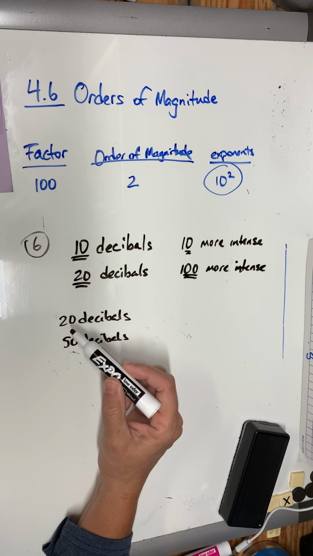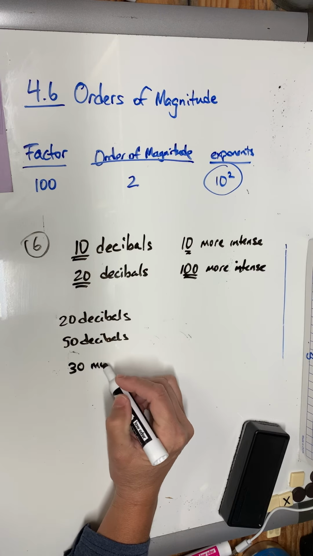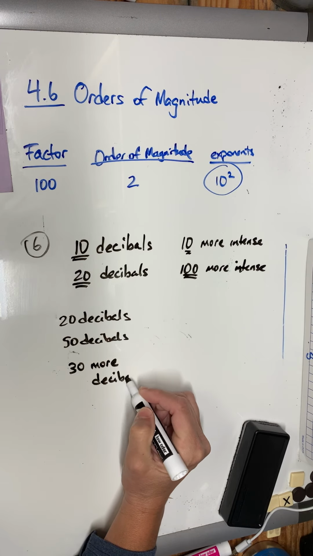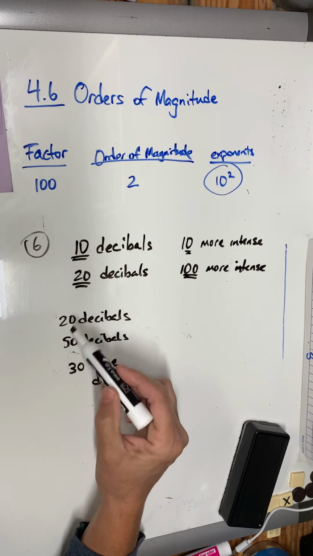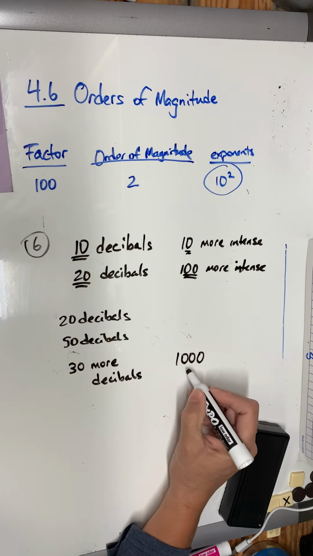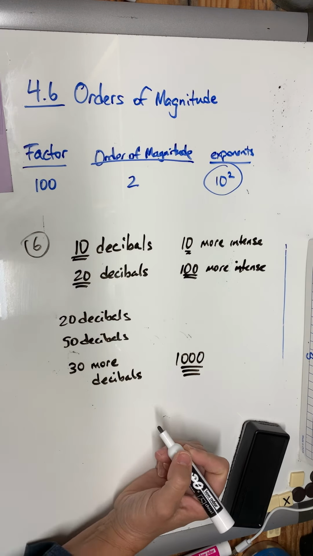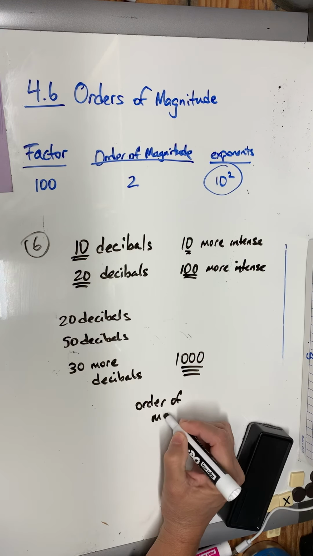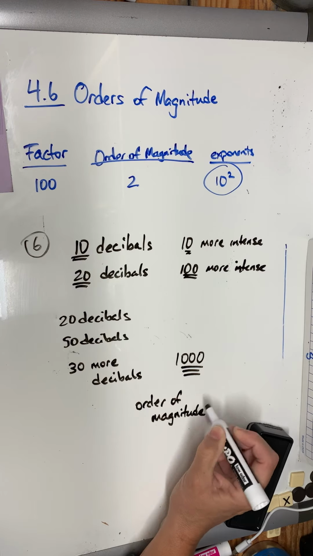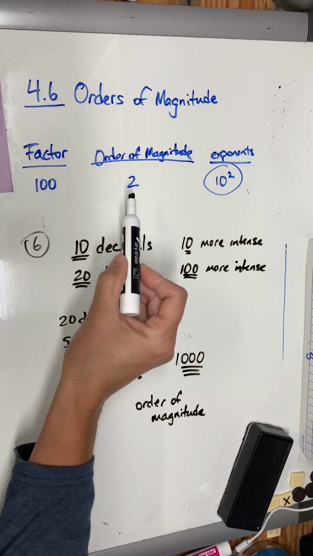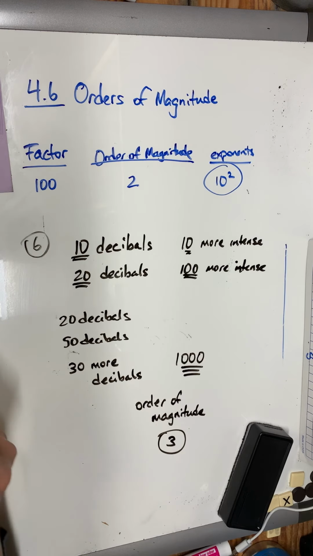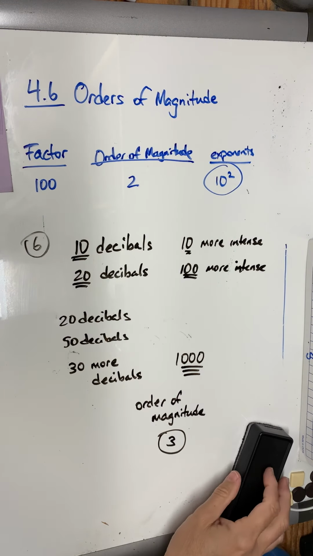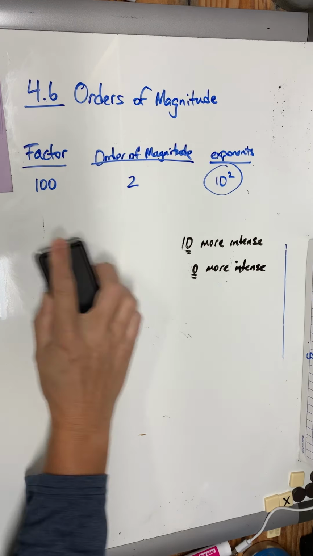So this one is 30 more decibels, which according to my pattern, a 30 would be 3 zeros. And they're asking me to give it in terms of order of magnitude. So right now I've just discovered that it's 1,000 times more. That's a factor. They want the order of magnitude, so it must be 3. I think that's a little bit tricky, but once you see how it goes, I don't think it's too difficult. Okay, last question, number 7.